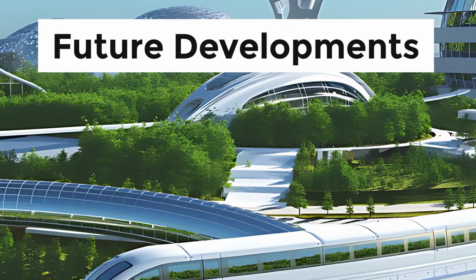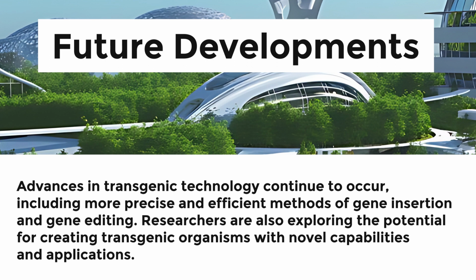Future development: advances in transgenic technology continue to occur, including more precise and efficient methods of gene insertion and gene editing. Researchers are also exploring the potential for creating transgenic organisms with novel capabilities and applications.